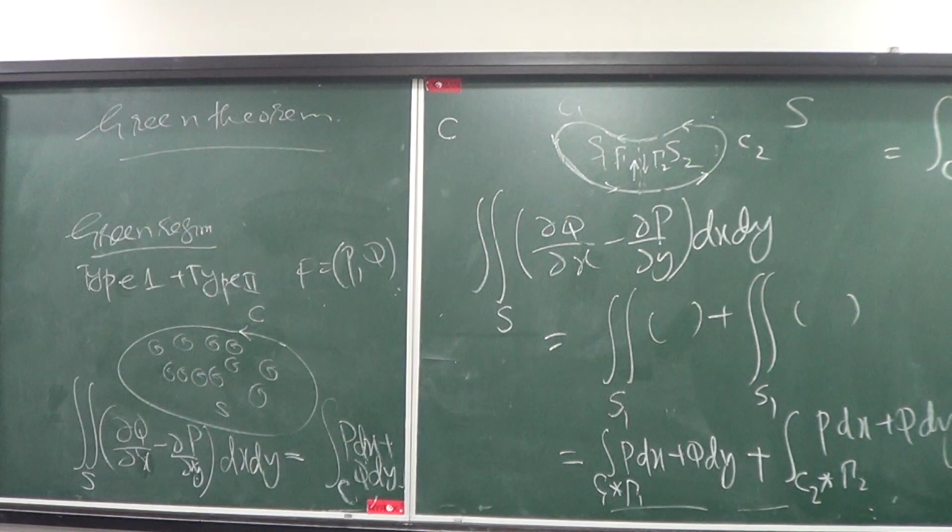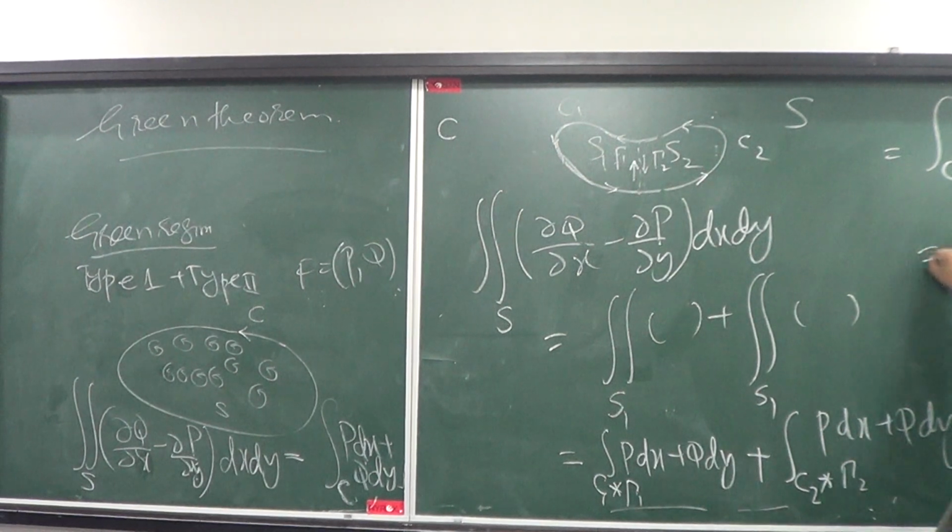So I can write a minus gamma 1 and I can get rid of this. So this would be the same as P dx plus Q dy over C1 concatenated with C2. But what is C1 concatenated with C2? That's really C. So I have the integral over C of P dx plus Q dy.